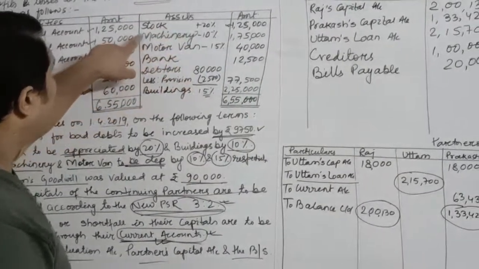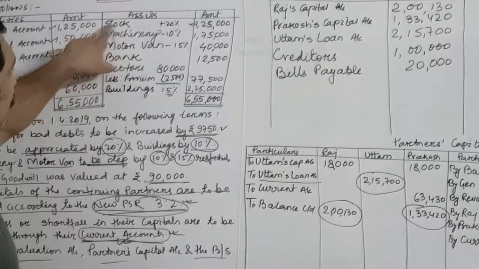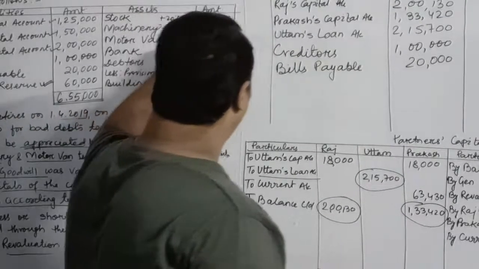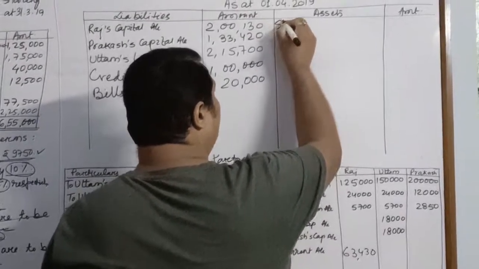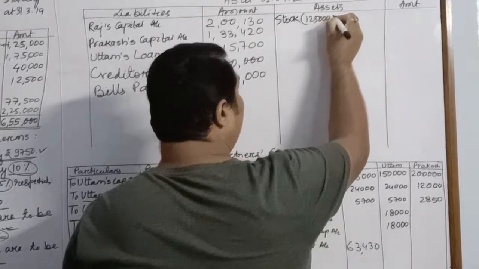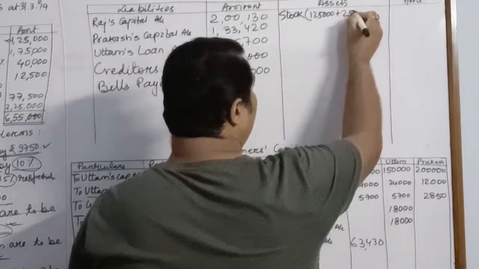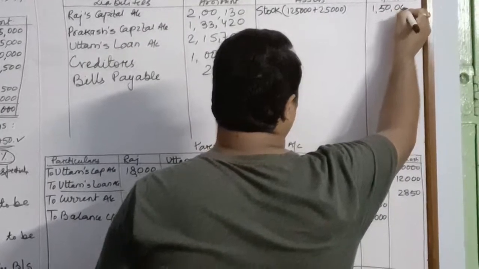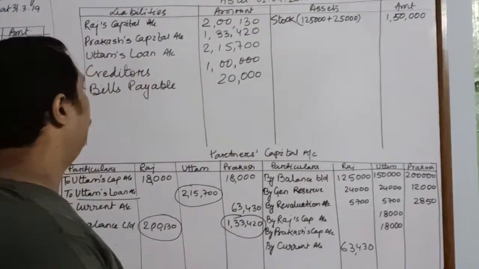Come on the asset side, you have stock, which was to be increased by 20%. Old value was 1,25,000. So here I will write stock 1,25,000 plus 20% is 25,000. So 1,50,000 is the new value of stock.